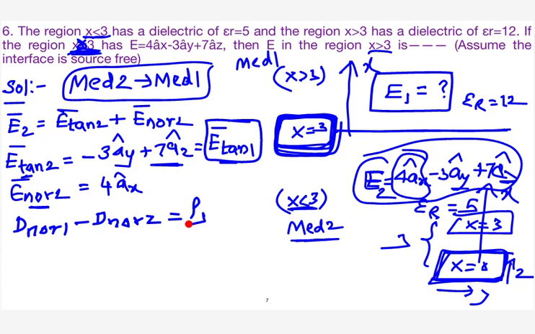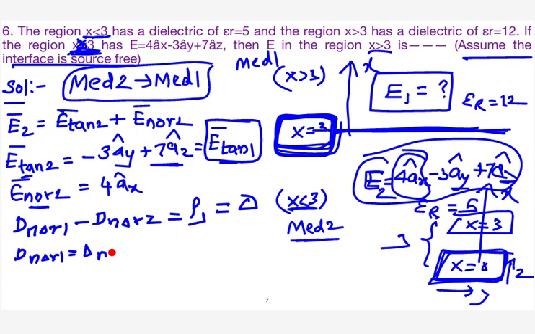And in the question I have already given that the interface is source free, which means there is no charge on the interface. So your rho s value will be 0. So what you will get in that case? D normal 1 is equal to D normal 2, which means epsilon 1 E normal 1 is equal to epsilon 2 E normal 2.